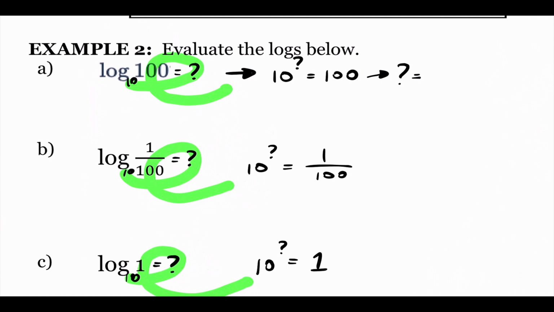So 10 to what power makes 100? 10 squared is 100. Okay. 10 to what power makes 1 over 100?